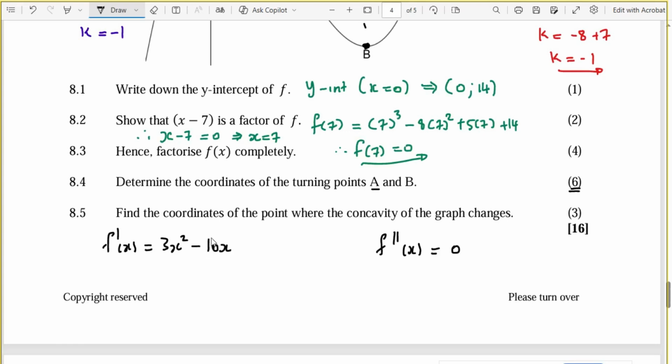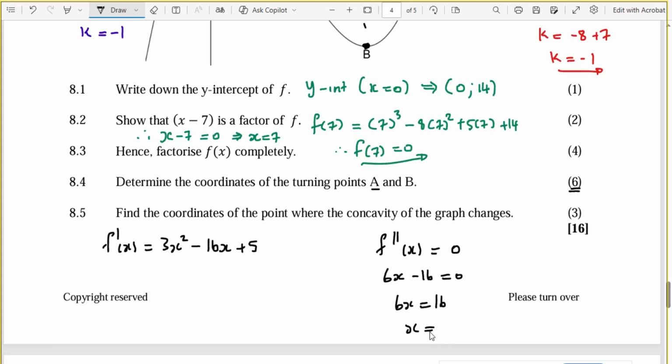This is where we made a mistake and said that was 14x. So the second derivative will be 6x minus 16 equals 0. Then you solve for x. So 6x is equal to 16. Divide both sides by 6. Therefore, what is x equal to?